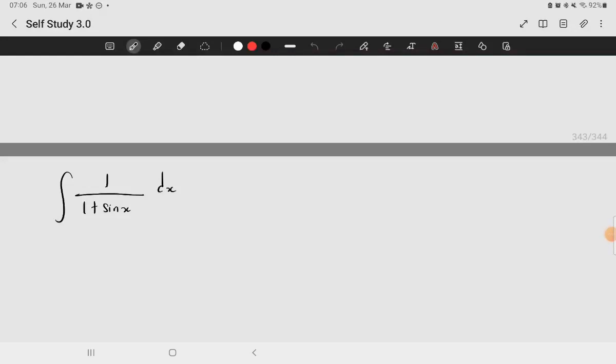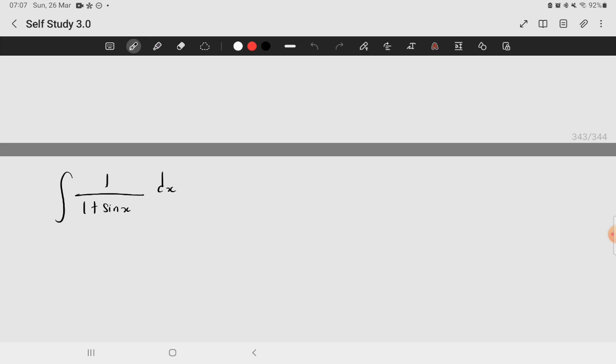All right, so I was given an integral, and we could solve it in two ways. One is that we could multiply by a form of one, and another is that we could use substitution.